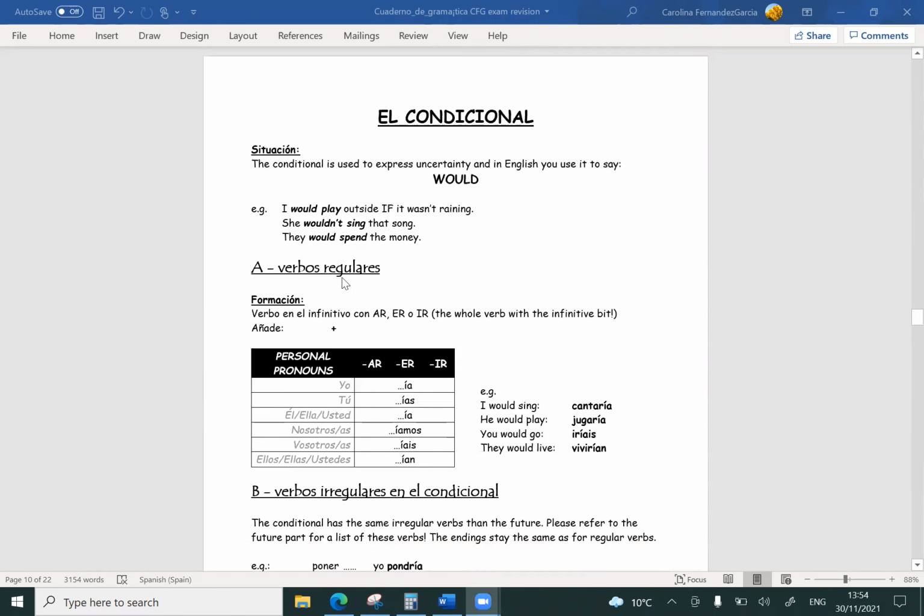Now, let's move on to the conditional tense, which is a tense very similar to the future. It's like when in English we want to express uncertainty, and we use would. I would do something. I would play outside if it wasn't raining. And this tense follows the same lines as the future. So we also have the same irregulars and regular verbs.